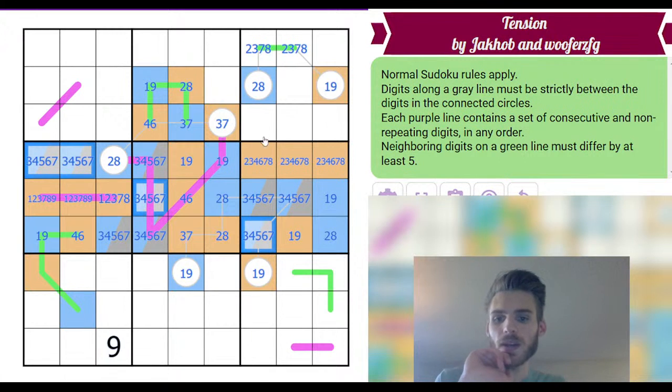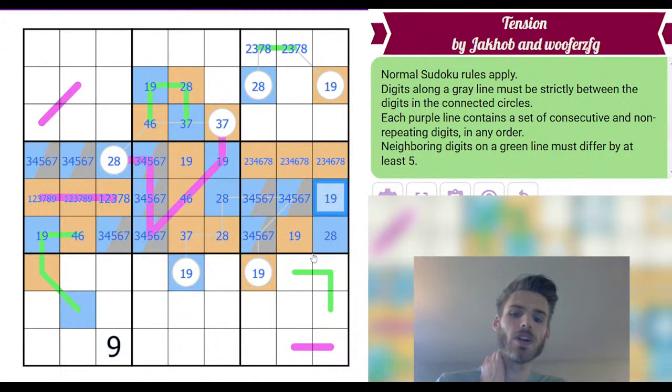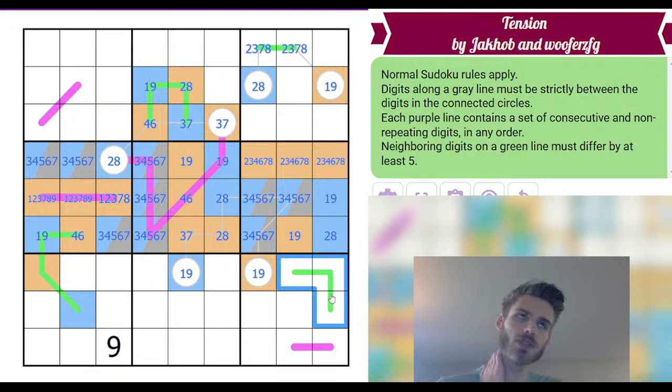Okay, so let's see here. We're definitely going to need to fill out this. And we can't use 1s or 9s. So we can't use 4s or 6s. So in here, there's going to be a blue 3, 7, and that's it.